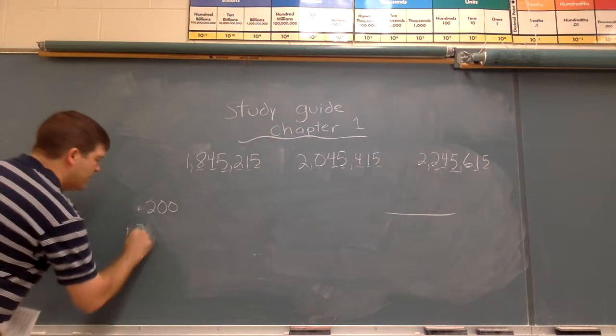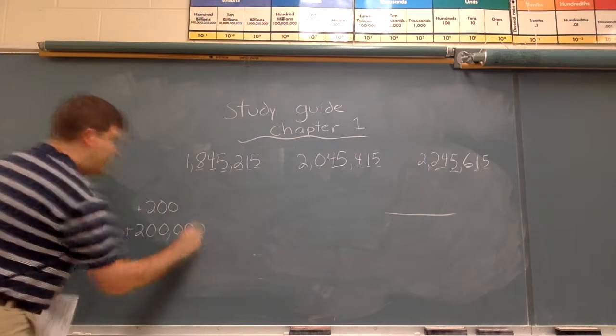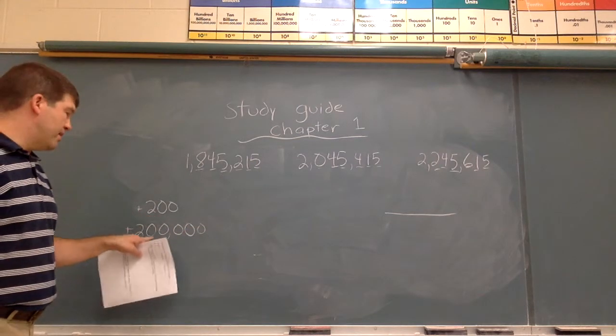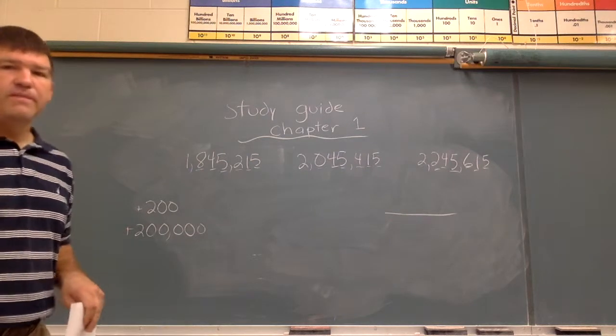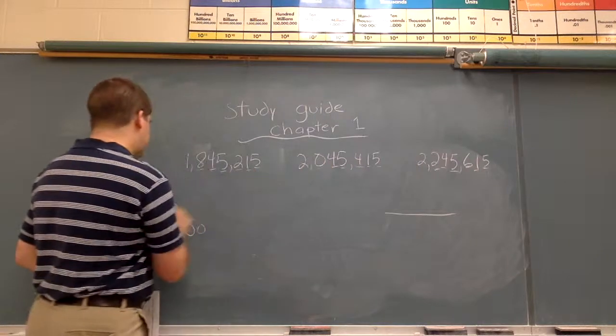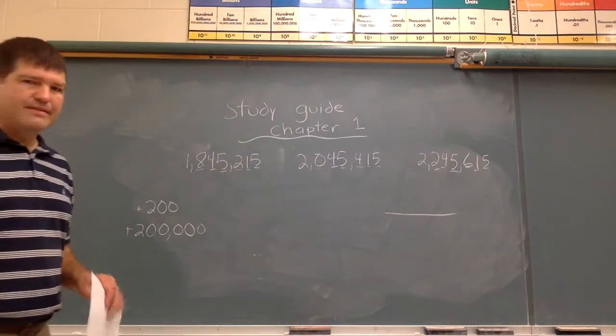So I'm going up. The hundreds are going up 200 each time, and the 100,000s are going up 200,000 each time. Now the millions, 1, 2, that only changed because of this, and then 2. So I'm not going up by millions.